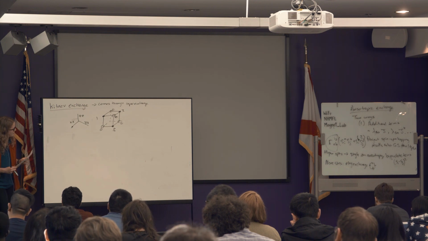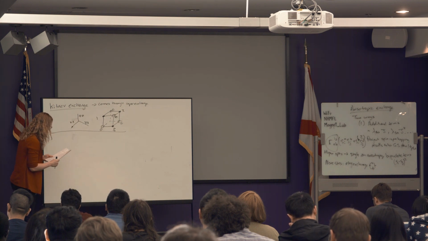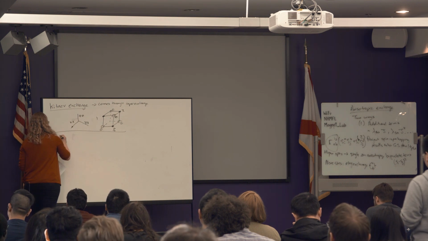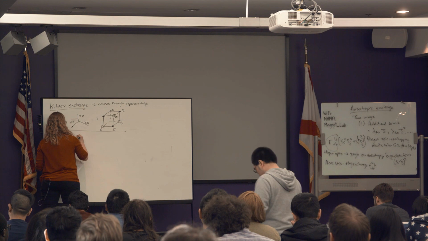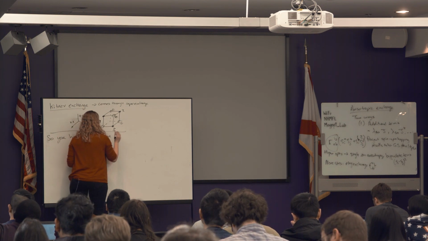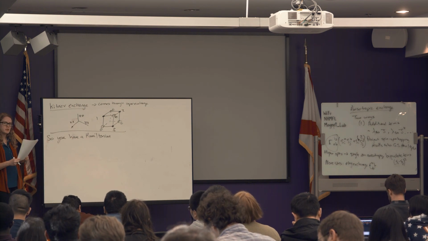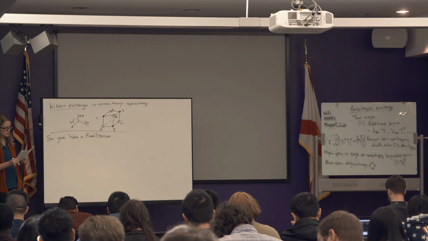Okay, so I'm running quite a bit behind where I had hoped to be, but this is the basic idea. So you have a Hamiltonian. Here we've just estimated what we think the Hamiltonian might look like by looking at some crystal structure.